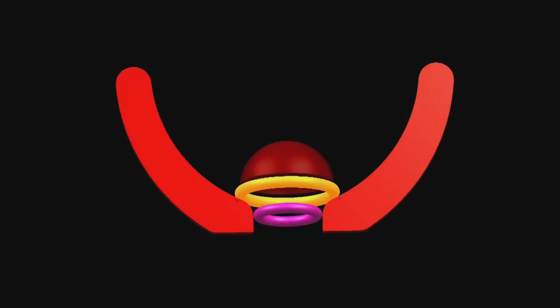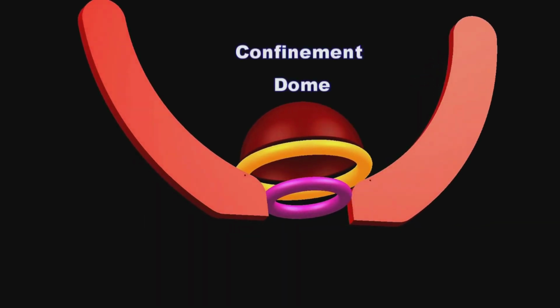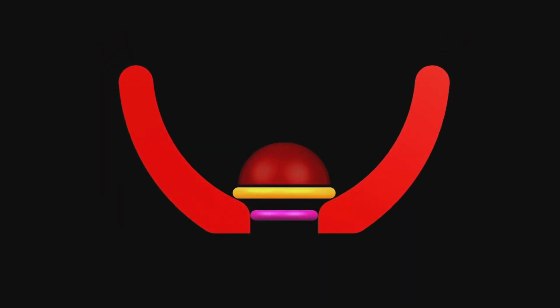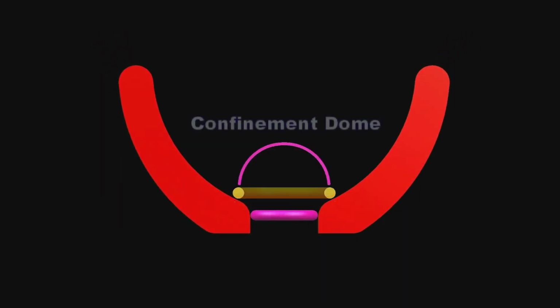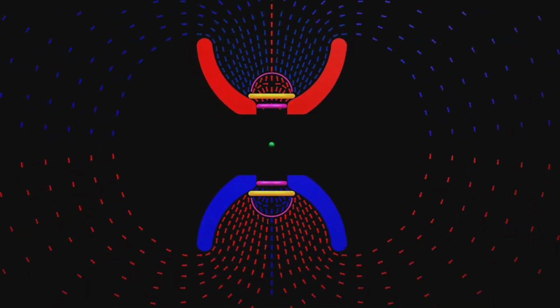So let's review the basic structure inside these bowl-shaped magnetic fields. The red bowl represents north magnetic orientation, and the blue bowl represents south magnetic orientation.